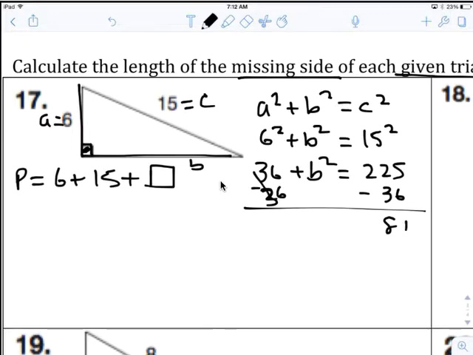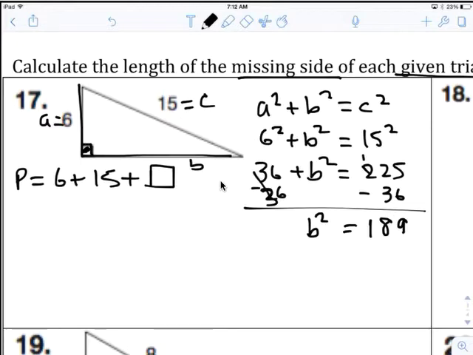No, I wish. Then it'll be an easy one. It's not even 81. Let's see, that's 9. That's 8. That's 89. Add that again to make sure. Yep. Borrow that. That's a 1. B squared is 189.